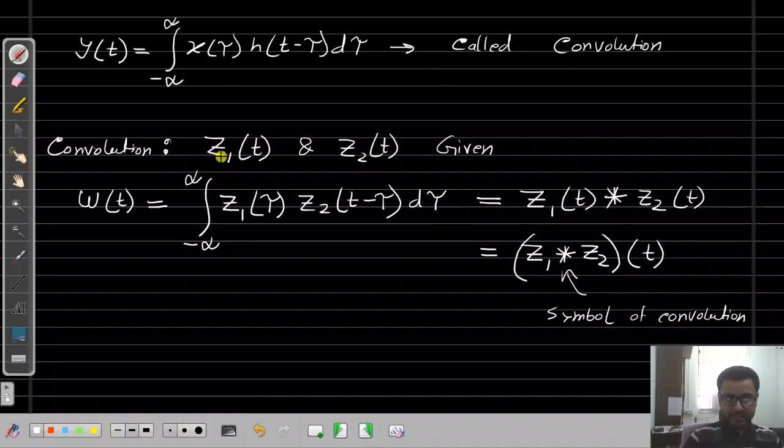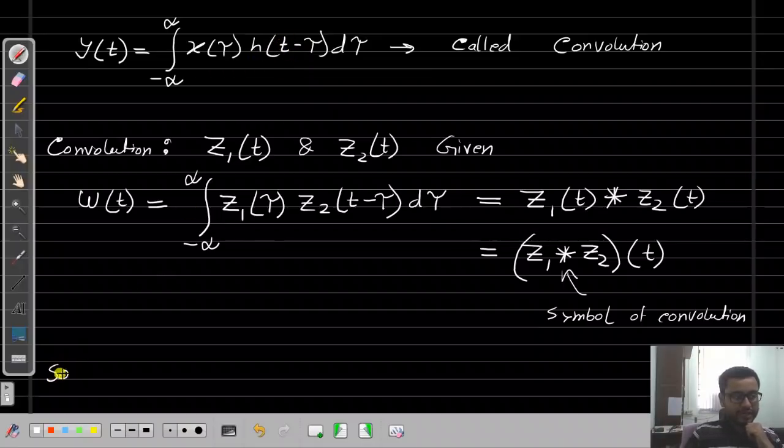Given any two functions, their convolution is a binary operation. Take two functions and generate another function in this complicated manner, and that complicated manner is known by the name convolution. So you observe that the output of an LTI system is the convolution of the input and the impulse response.